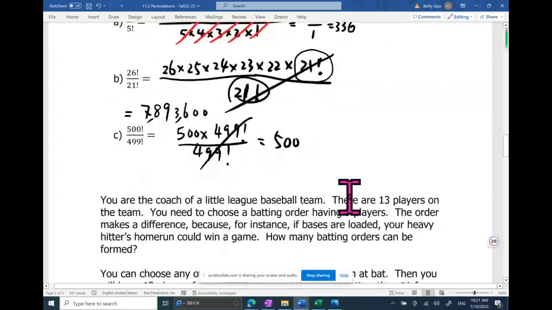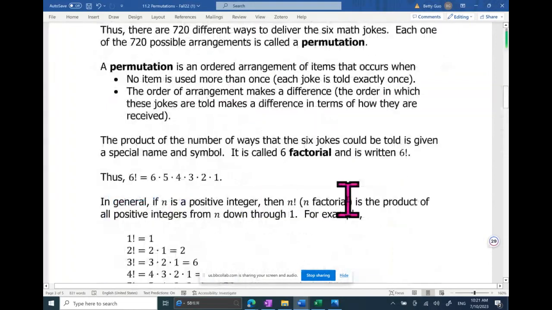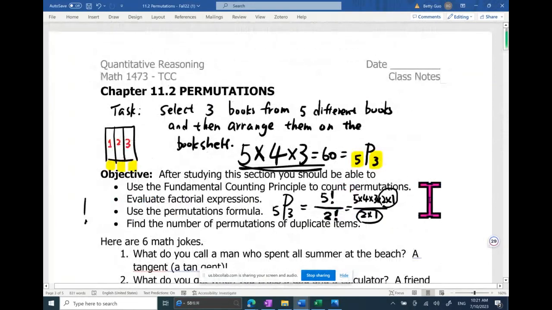Okay, so what if in my example at the very beginning, my bookshelf is bigger? My task would be to choose 5 from the 5 books and make an ordered arrangement on the bookshelf. I have 5 slots. Then that would give us P(5,5), right? And what is P(5,5)?